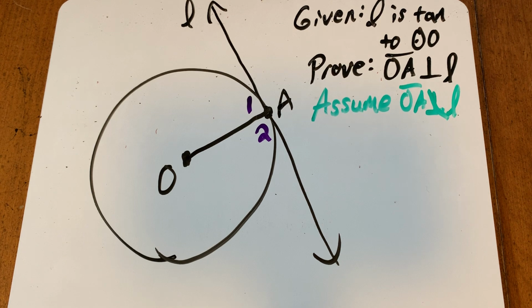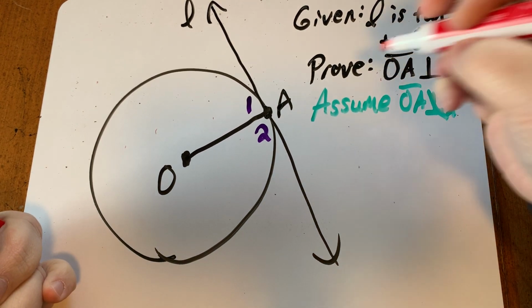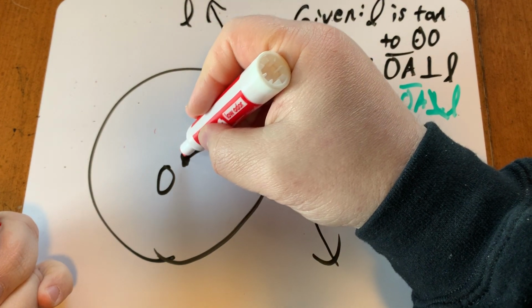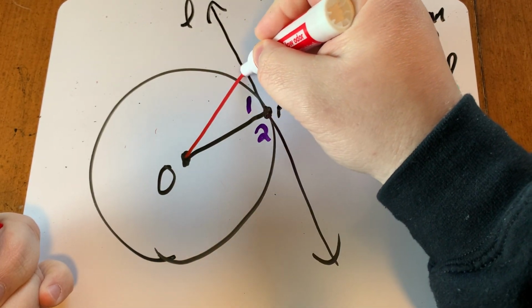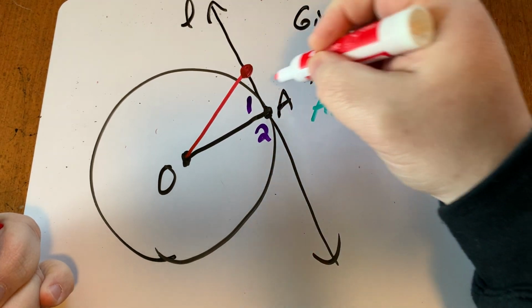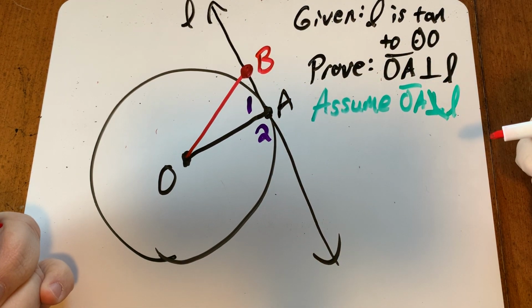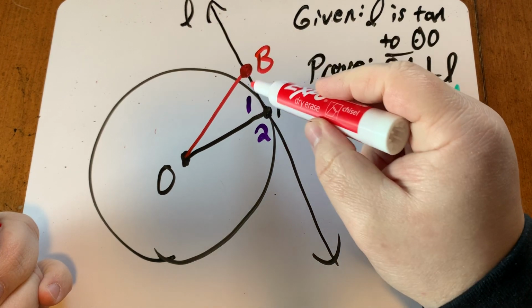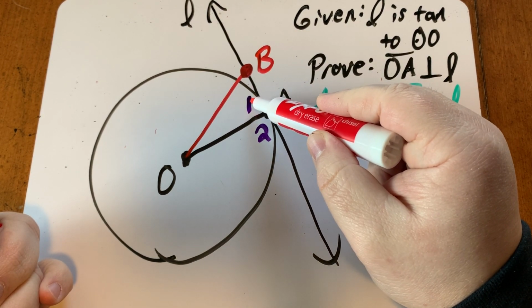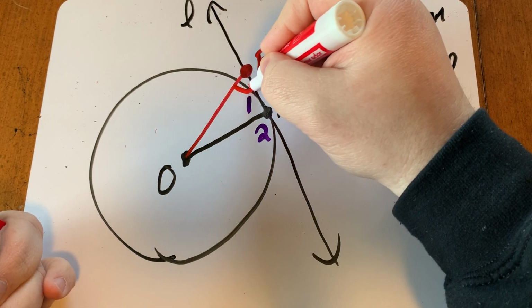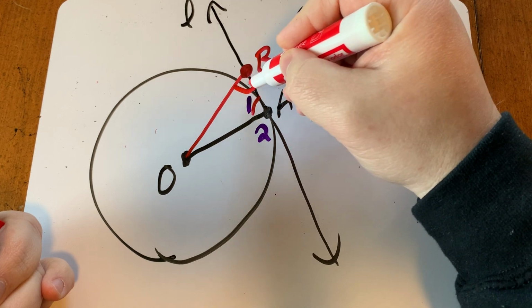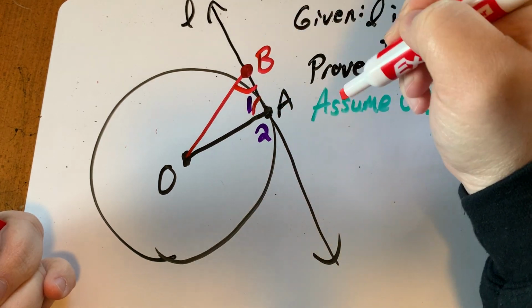So let's say that from O, we drew a segment to say point B. If angle 1 is an acute angle, there exists an acute angle here that's congruent to angle 1.